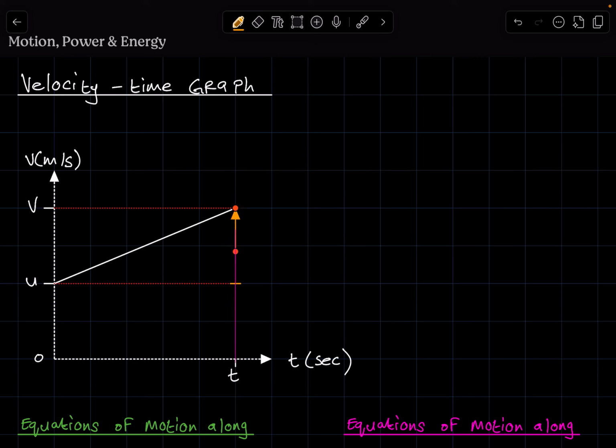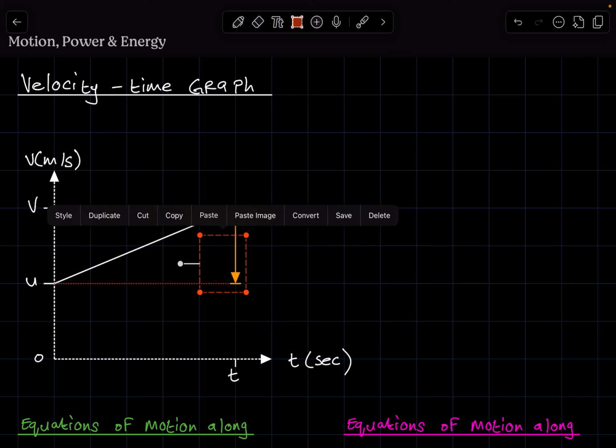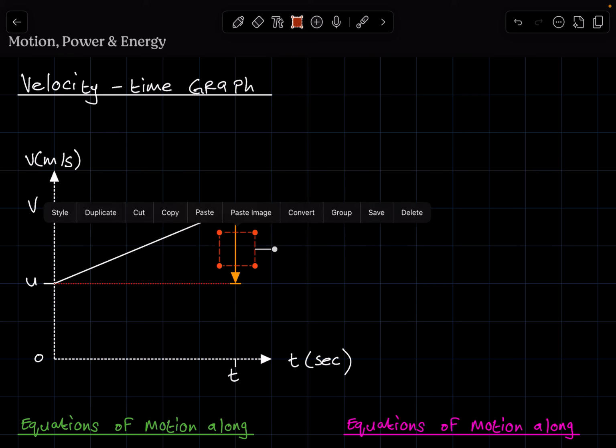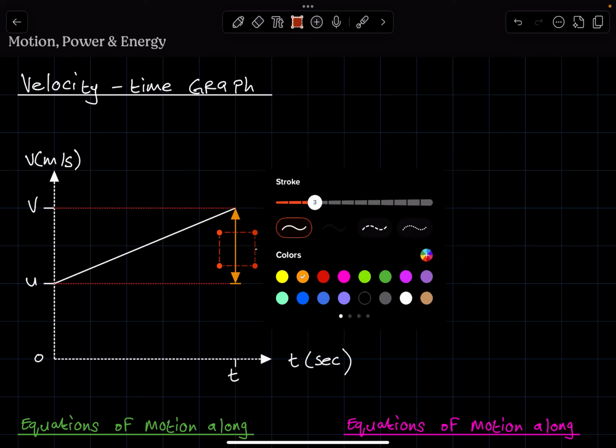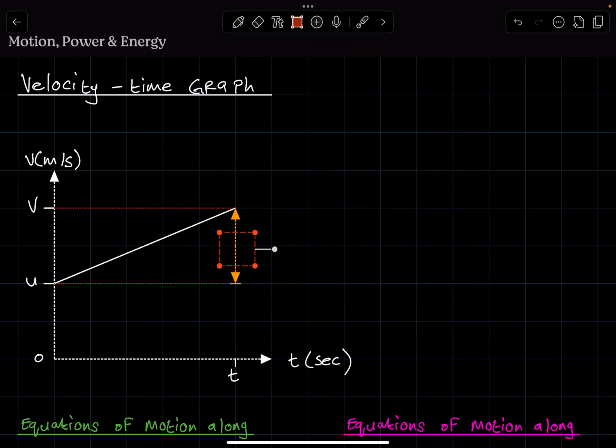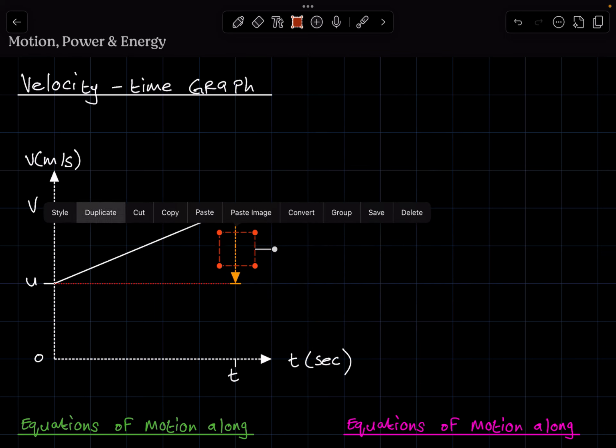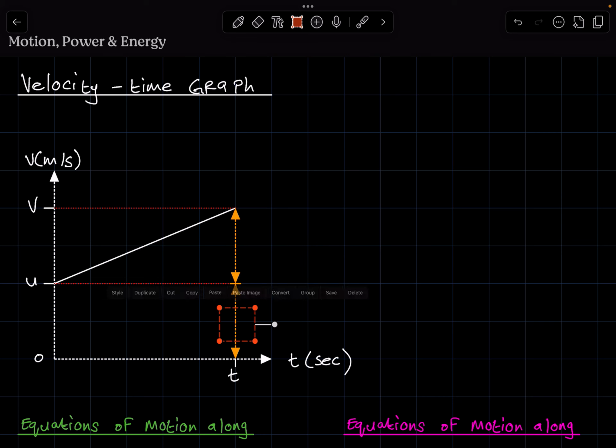So this is at that point, and that's at that point. Let's change this maybe to that. Let's duplicate this, have it here as well. Nice.